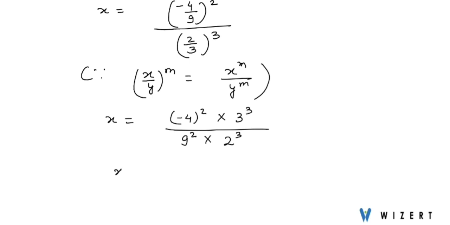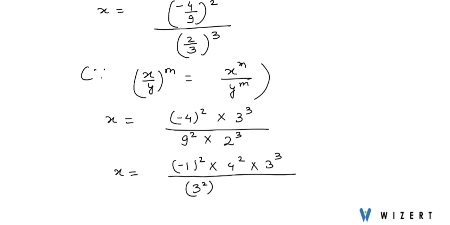Now, we can also take minus 1 outside from minus 4, because minus 4 can be written as minus 1 multiplied by 4. So minus 1 square multiplied by 4 square multiplied by 3 cube divided by 3. 9 can be written as 3 square.